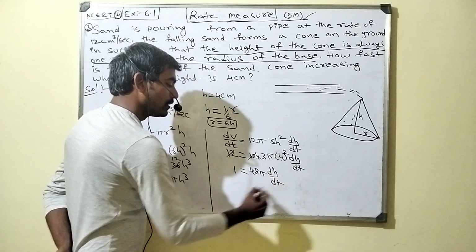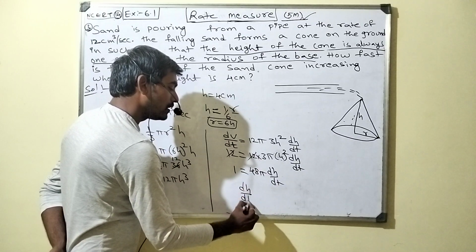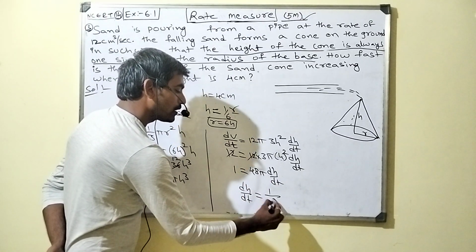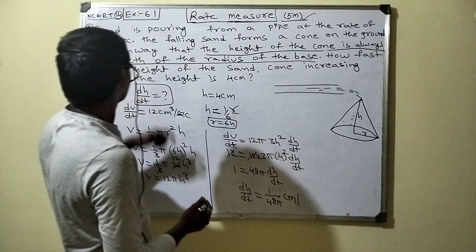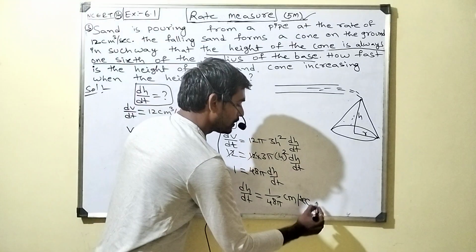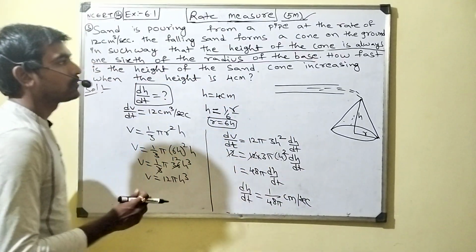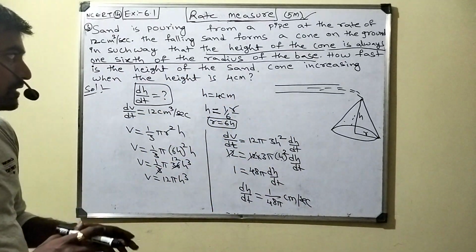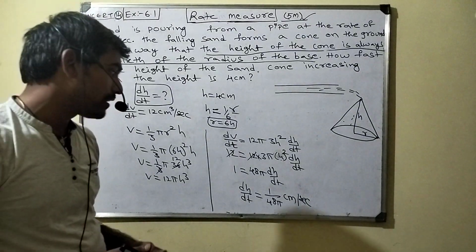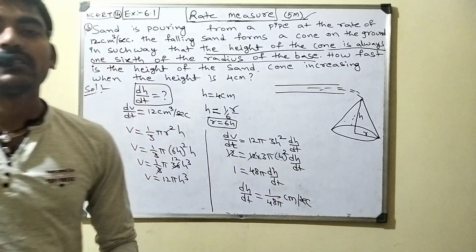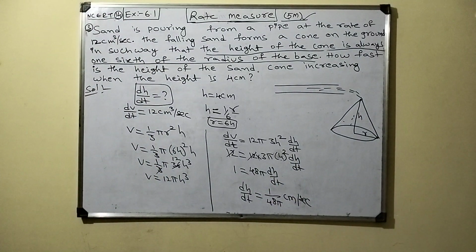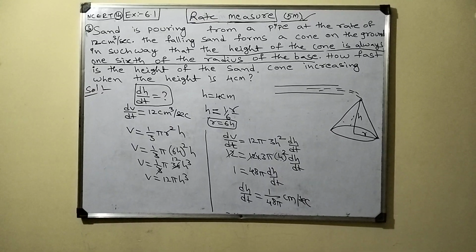So dH by dt is equal to 1 divided by 48 pi centimeter per second. So the height of the sand cone is increasing at 1/48 pi centimeter per second. This is a very important question, repeatedly they have asked this one. We'll go to the next question.